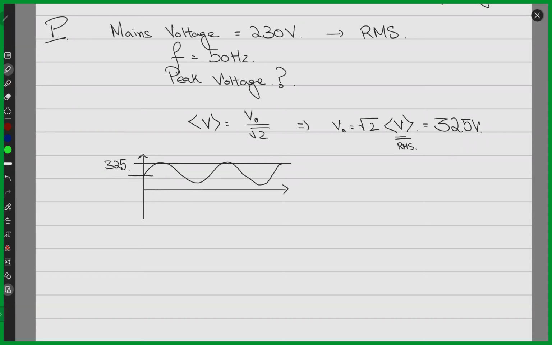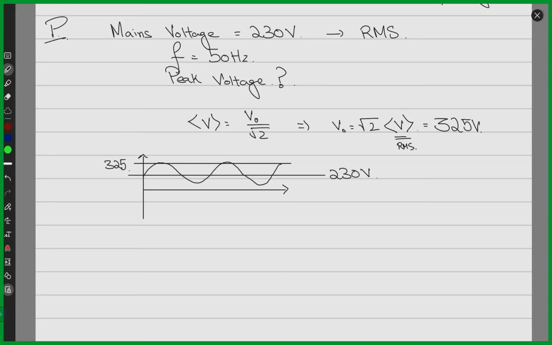And the RMS value of this graph is the one that we have as the mains voltage, which is 230 volts. Yeah, maximum is 325, the peak voltage. Okay, so is that clear? Yes, sir.